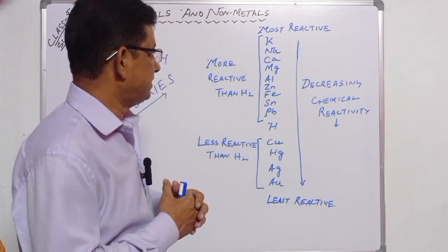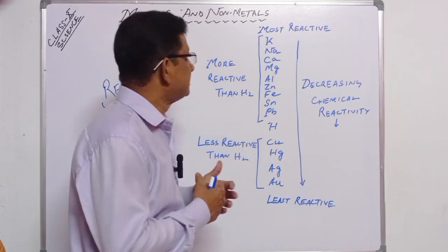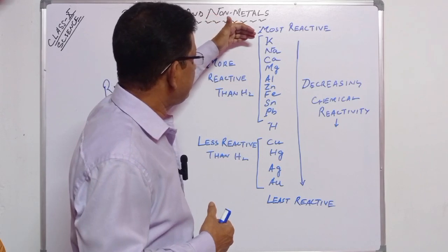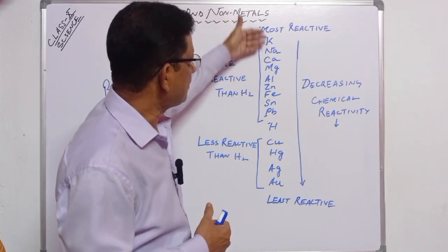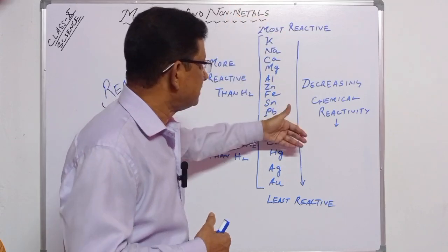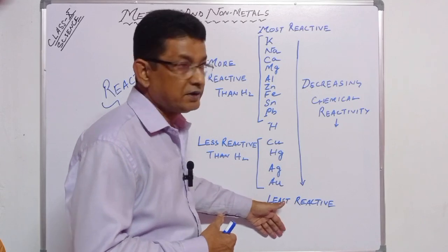The reactivity of these metals or elements is different. The metals which are placed at the top position are more reactive, and the chemical reactivity decreases downward.